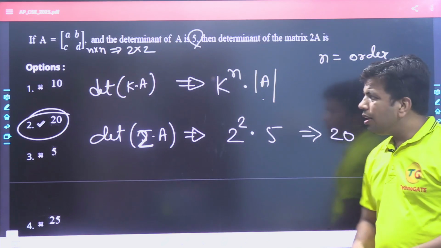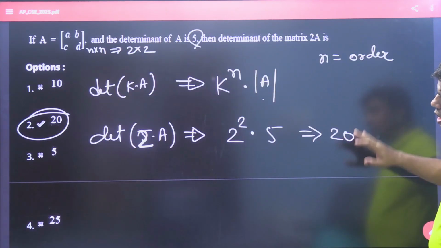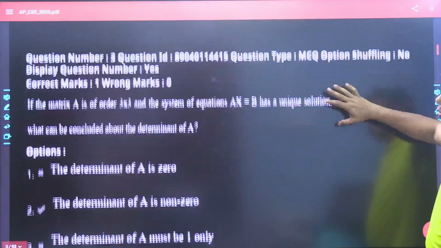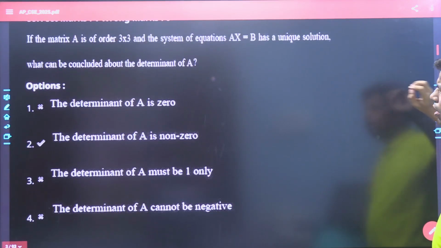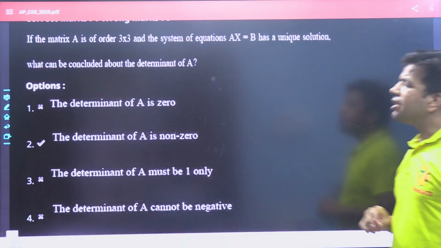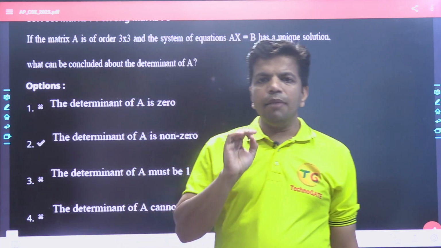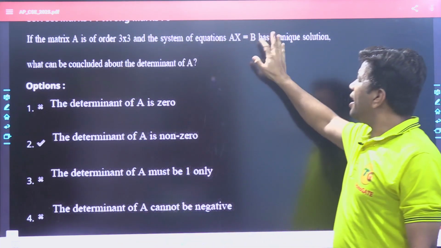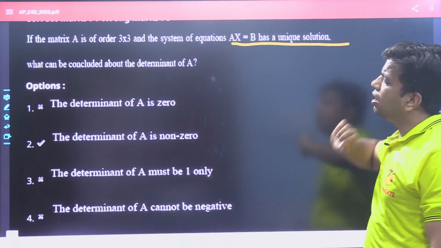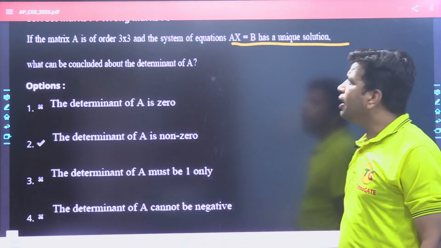Let's move to the next question. You can see that the second question is from matrices and the third question is also from matrices. They're asking: if a matrix A is of order 3 cross 3 and a system of equations AX equals B has a unique solution, what can we conclude about the determinant of A?